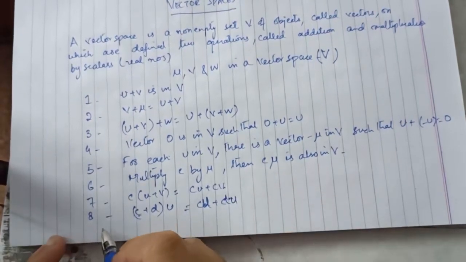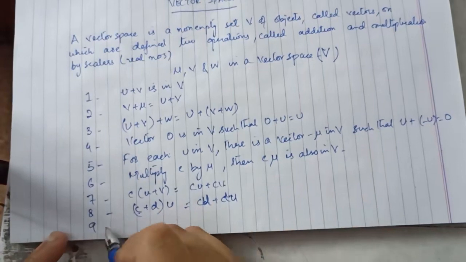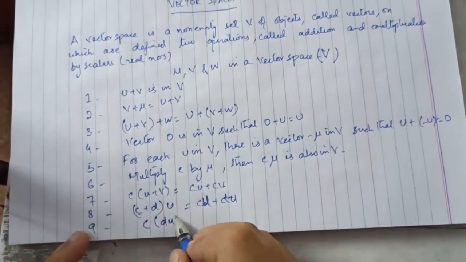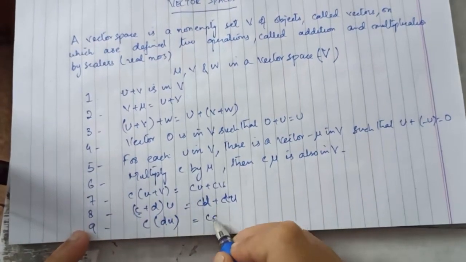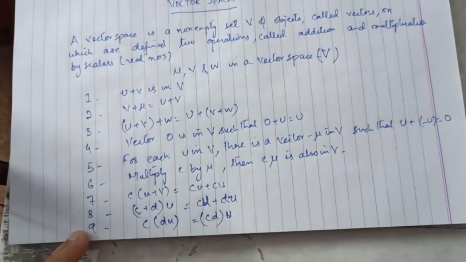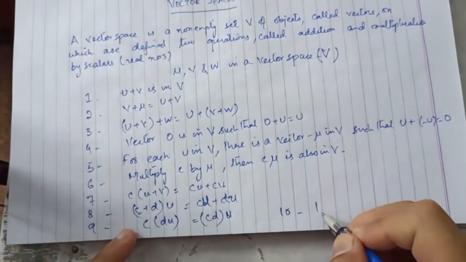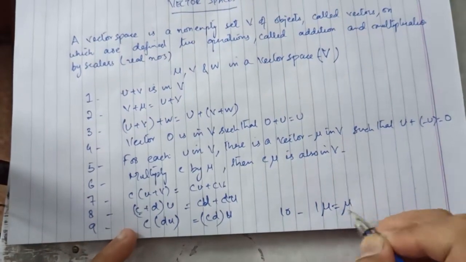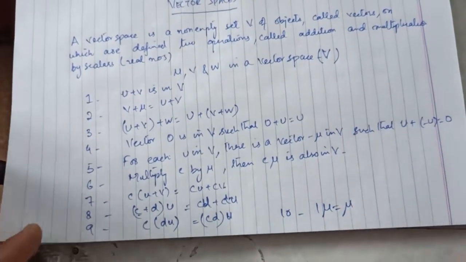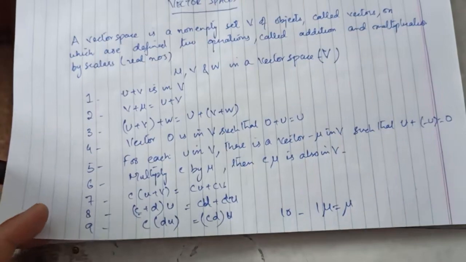And the ninth axiom is c times du is actually cd times u, and the 10th one is that if you multiply the unit vector 1 by a vector u, you get u.